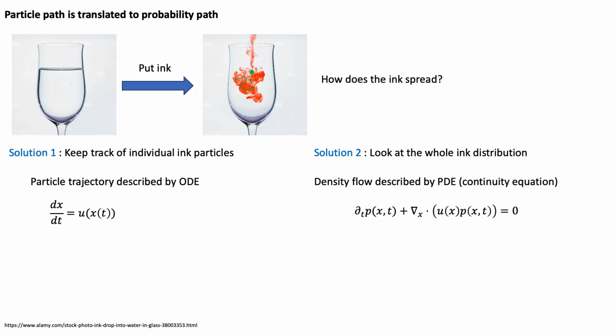Do you find some similarity between this ODE and PDE? They share the u_t(x). This vector field of the ODE is here in the continuity equation. Is everyone okay about this left side and right side? This is a very, very important concept.